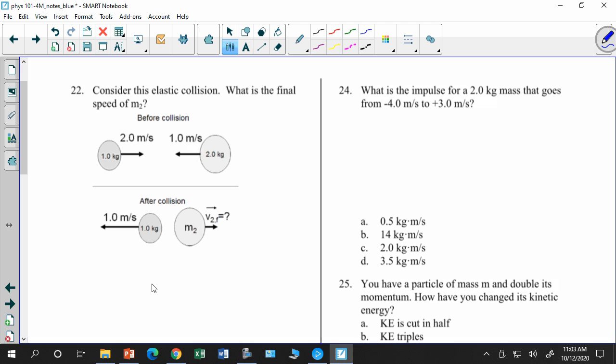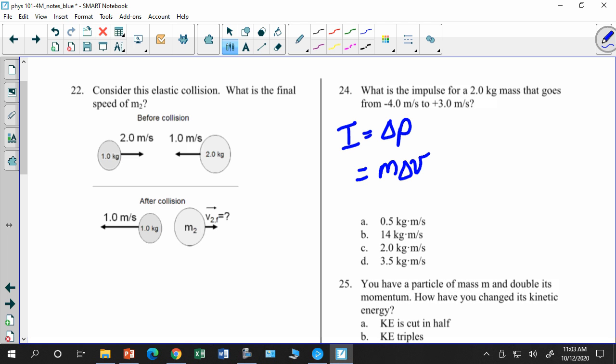Make sure that you understand impulse. Like here, number 24. What is the impulse for a 2 kilogram mass that goes from -4 to +3? So impulse, I, is equal to delta P. And so that's going to be m times delta v.